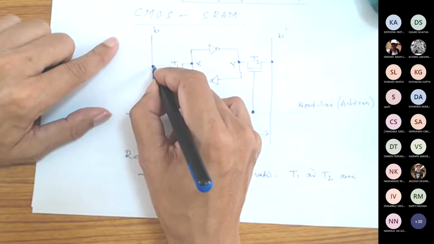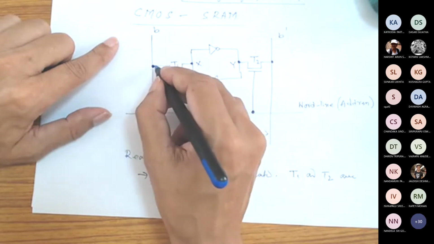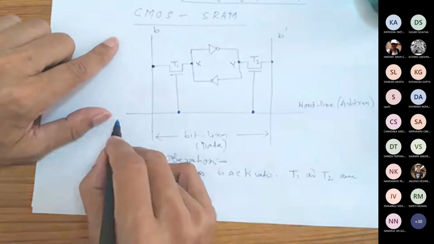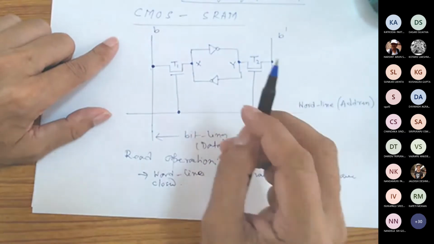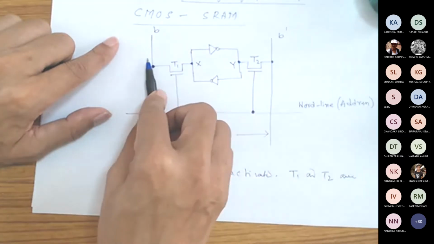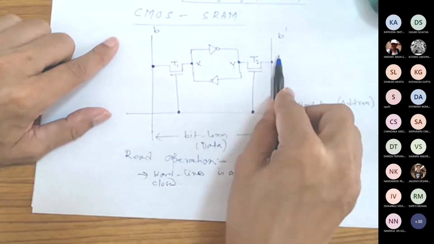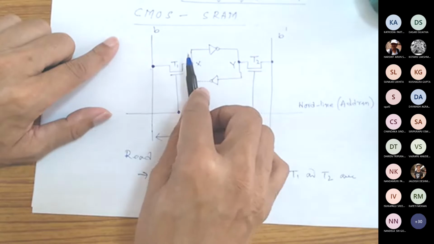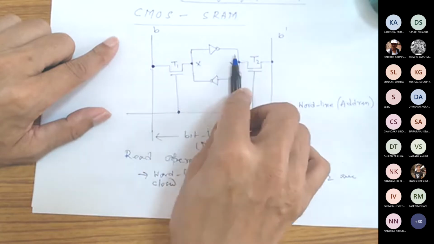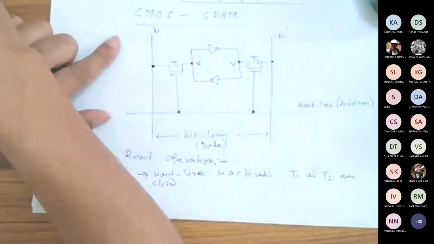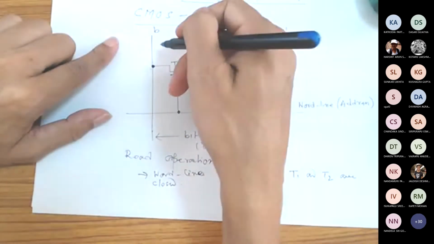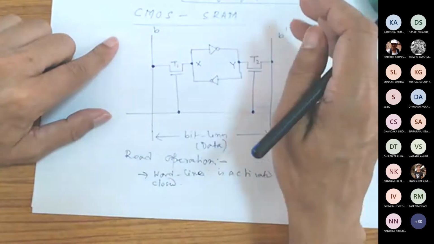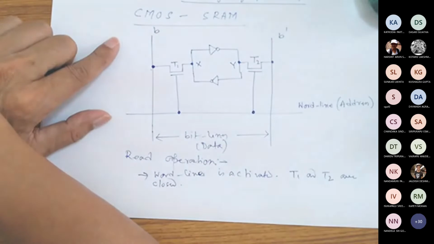So if you activate this word line, whatever the value of X here, it will come here, and whatever the value of Y here, it will come here. By the logic itself, you know that X stores the value and Y stores the complementary value. So whatever is needed, you use it. If you use the actual value, you use the B line. If you require the complementary value, you use the B bar line.